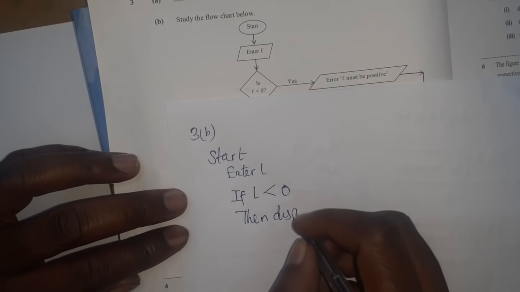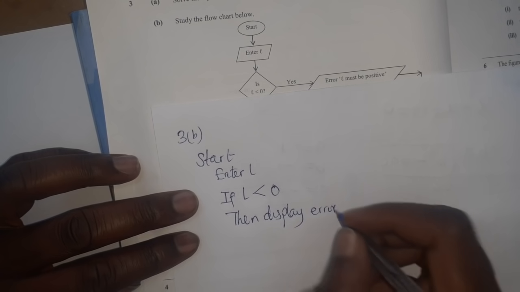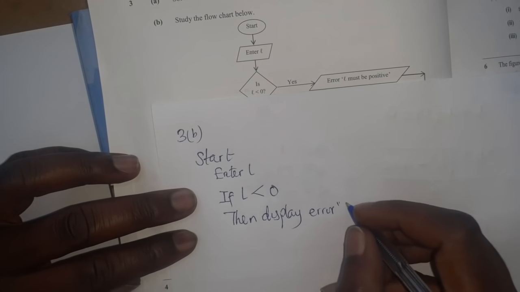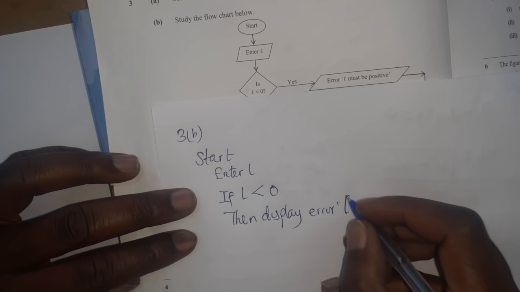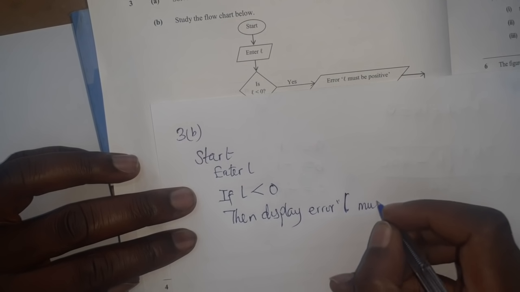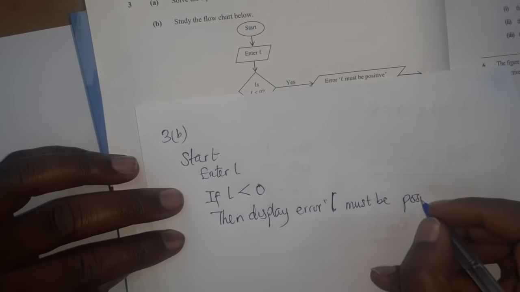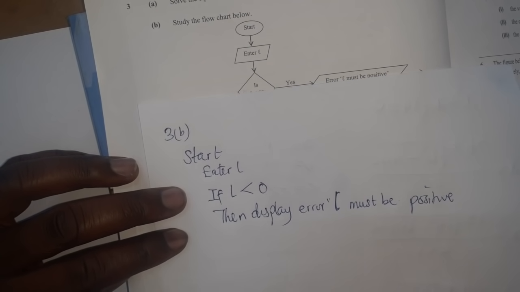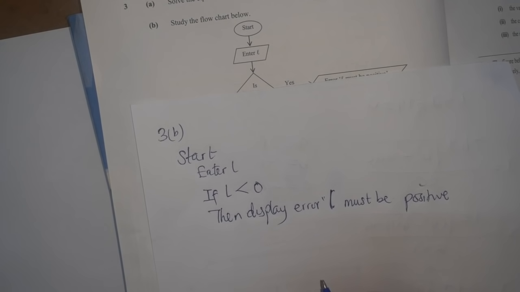Then display what? Error here as it is. Display error, then we say L, which is this L, must be positive. L must be positive. That is what we are supposed to have.